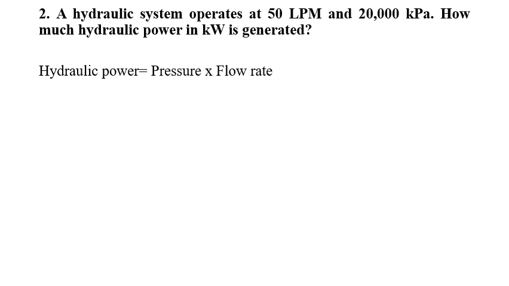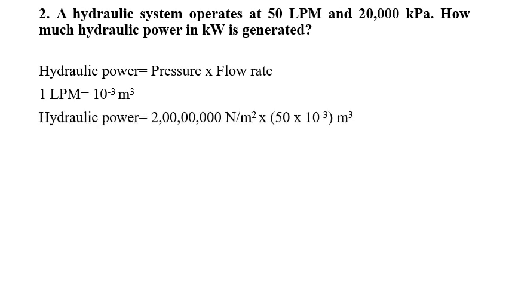Convert this liter per minute into meter cube. That is 1 liter per minute equals 10 to the power of minus 3 meter cube. So 50 liter per minute equals 50 into 10 to the power of minus 3 meter cube. Hydraulic power equals pressure, they have given 20,000 kilopascal, 20,000 into 10 to the power of 3 Newton per meter square.